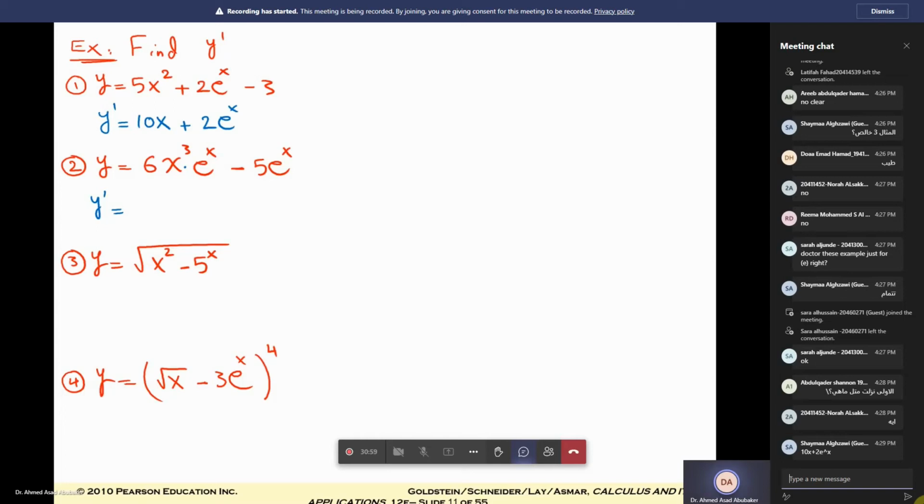So the derivative of the first, we have 18x to the power 2 multiply the second, plus the first as it is, 6x to the power 3, and the derivative of e to the power x, e to the power x, minus 5 multiply e to the power x, like this. Okay, any question?